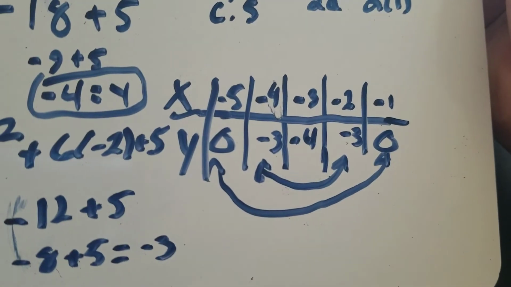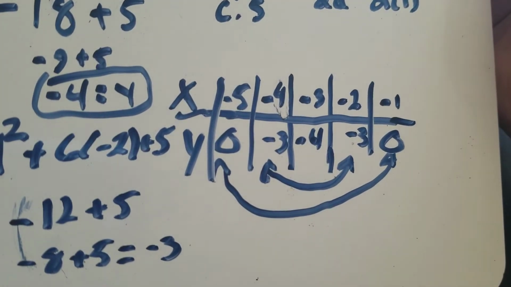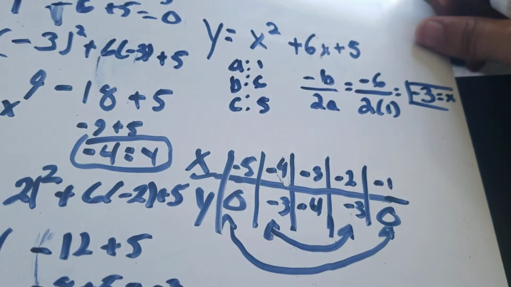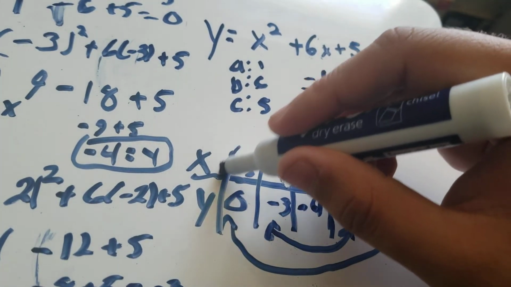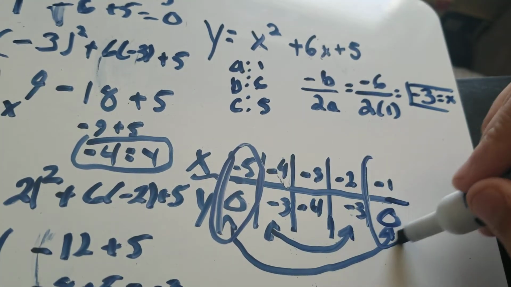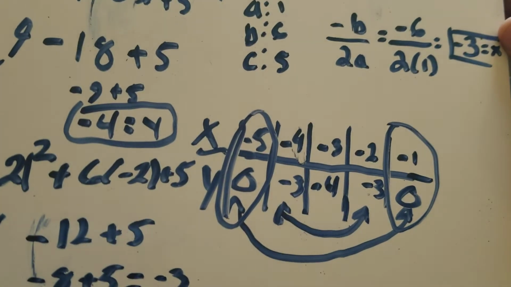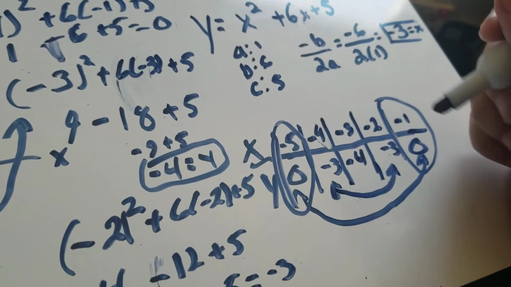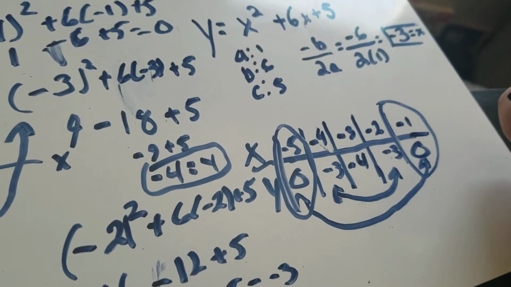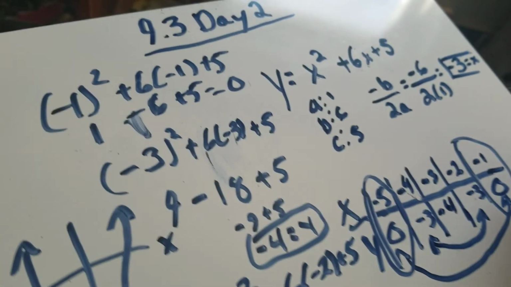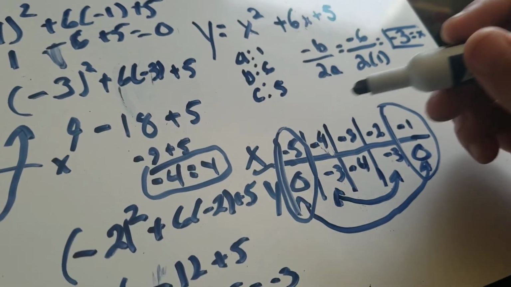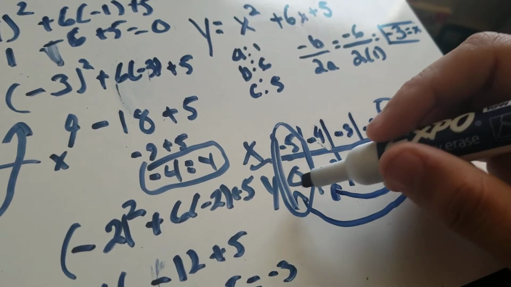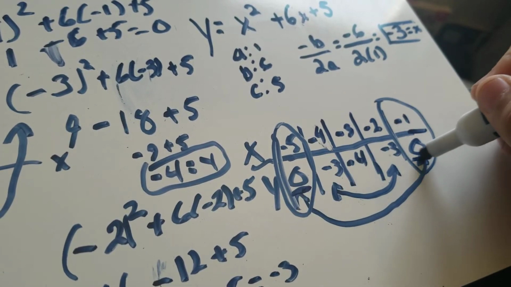So out of this table, what are my two x's where y equals 0? My two x's where it gives me y equals 0 are here at -5 and here at -1. So if I ask you to give me the solutions or the roots to this equation by graphing, the only thing you look for is where y equals 0 on this graph.